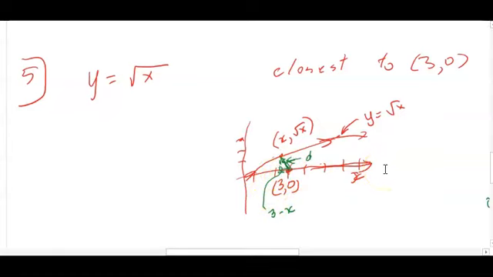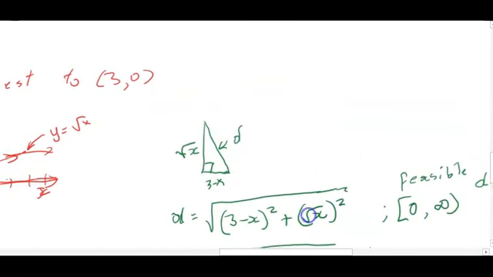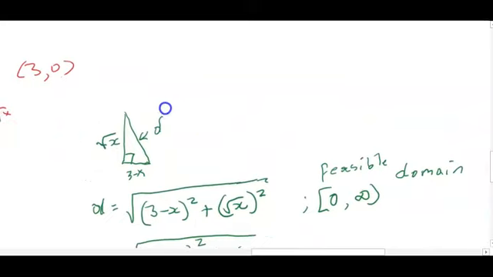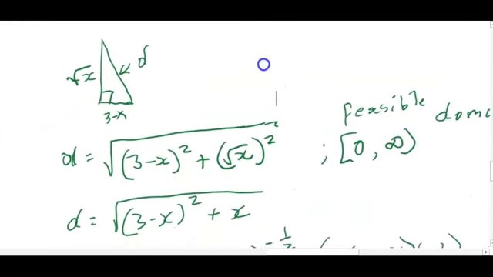So then we can pull this right triangle out, and let's try to find some distances. From that right triangle, we have the hypotenuse, which we label D. The vertical from (x, radical x) all the way down to the x-axis has a distance of radical x, and the base here will be 3 minus x.